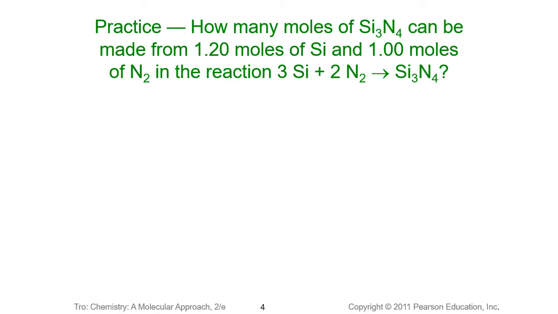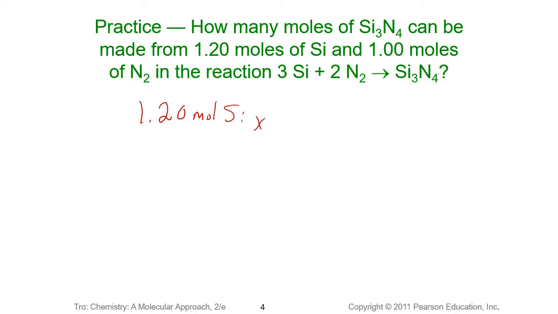Your turn. Try to see how many moles of silicon nitride can be made from 1.2 moles of silicon and 1 mole of nitrogen. Pause the video and determine the number of moles. Well, let's start with our silicon. 1.20 moles.